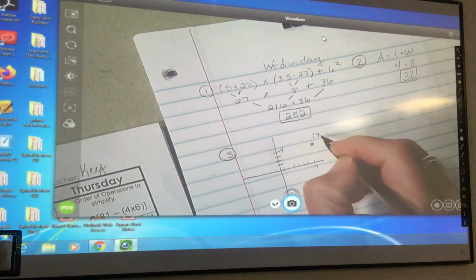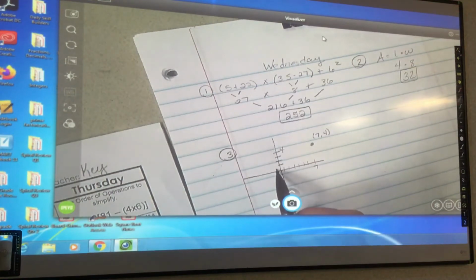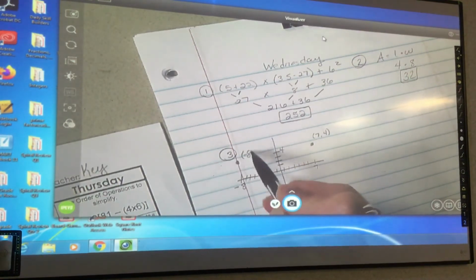So that's 7, 4. My next point is negative 8, 4. So I got to go to the negative. Negative 1, negative 2, negative 3, negative 4, negative 5, negative 6, negative 7, negative 8. So that's my negative 8. So I go negative 8 up to 4. So this is negative 8, 4.